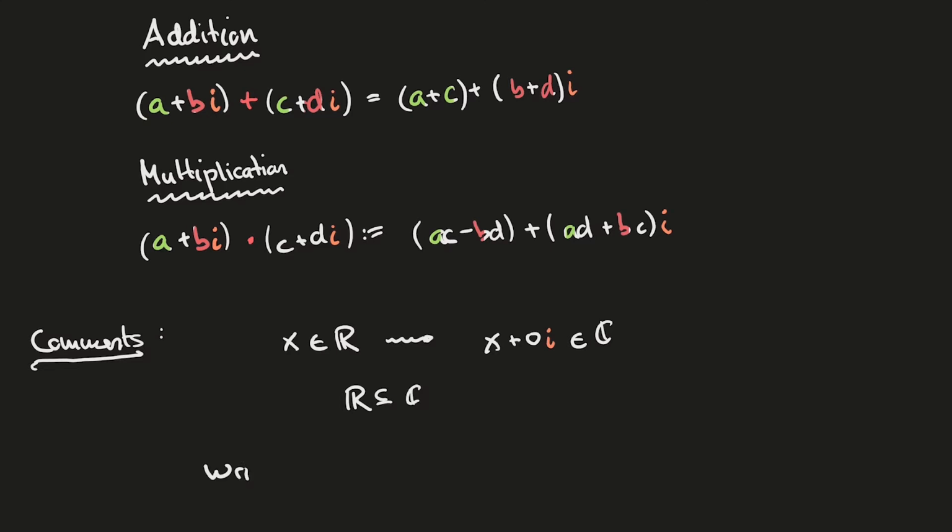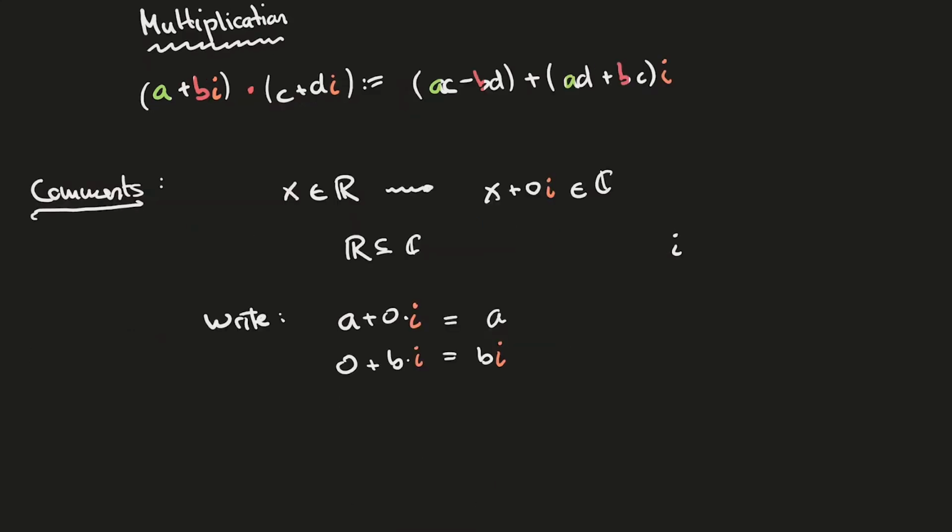So next we'll have some abbreviated ways to write numbers that include a 0. If we have a plus 0 times i, we'll just write this as a. And similarly, if we have 0 plus bi, we will just write that as bi.